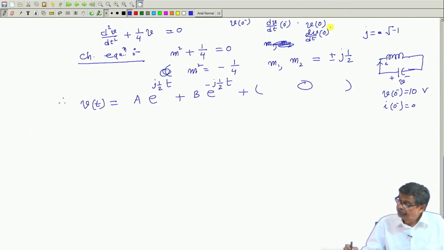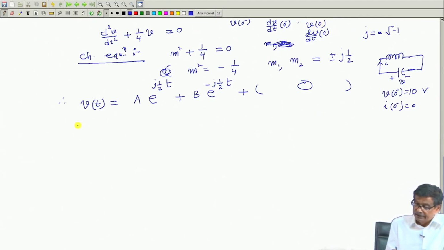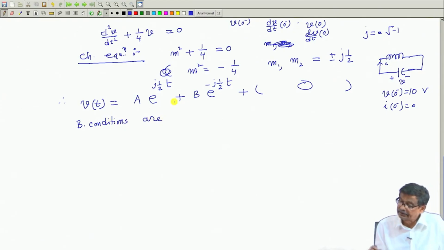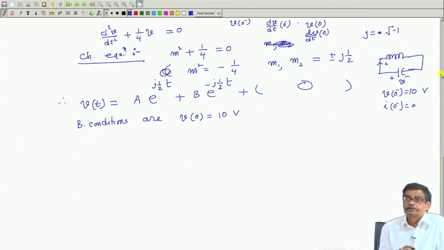See, after you have closed the switch, in no time from 0 minus to 0, the voltage across the capacitor cannot change instantaneously. So, the boundary conditions are: V(0) is equal to 10 volt, that is one boundary condition, since the capacitor voltage cannot change instantaneously.